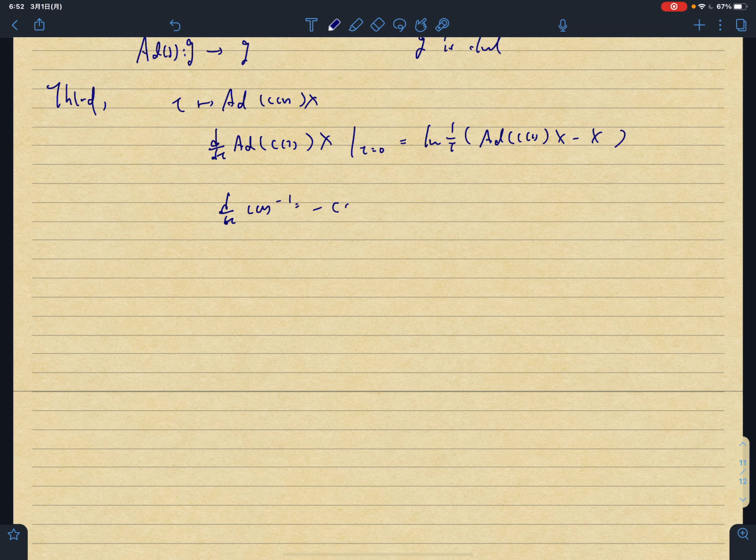The inverse, minus c(t) inverse, is still c. To see this, we differentiate, being careful about the order in which we write down products. We obtain c(t) inverse times c(t).